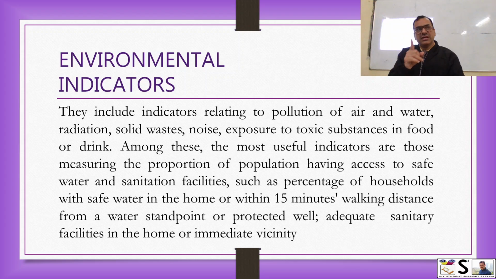Okay. Then indicators related to water pollution, indicators related to noise pollution, how many decibels there are in the noise pollution. Okay. So these data are known as the environmental indicators which affect our health.